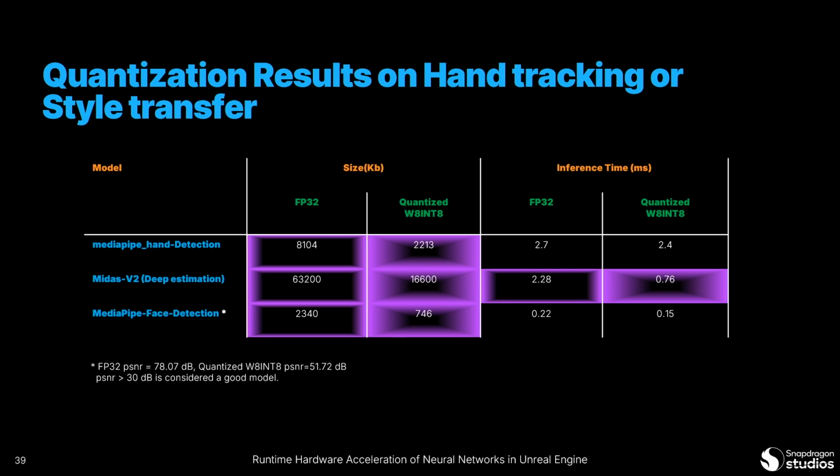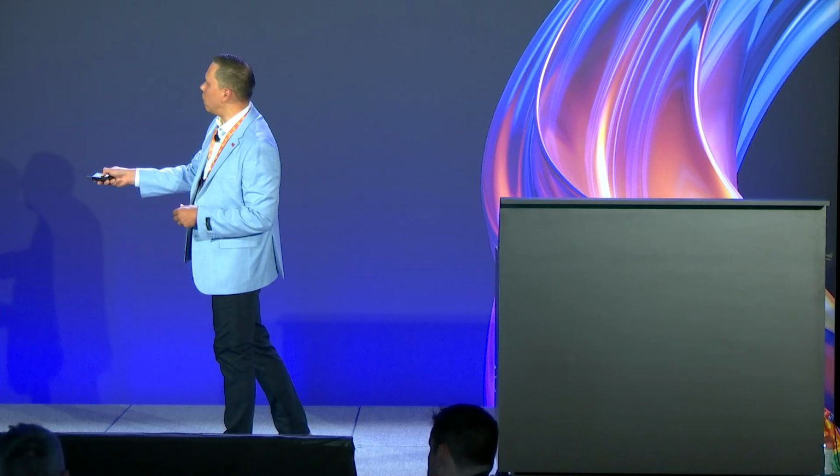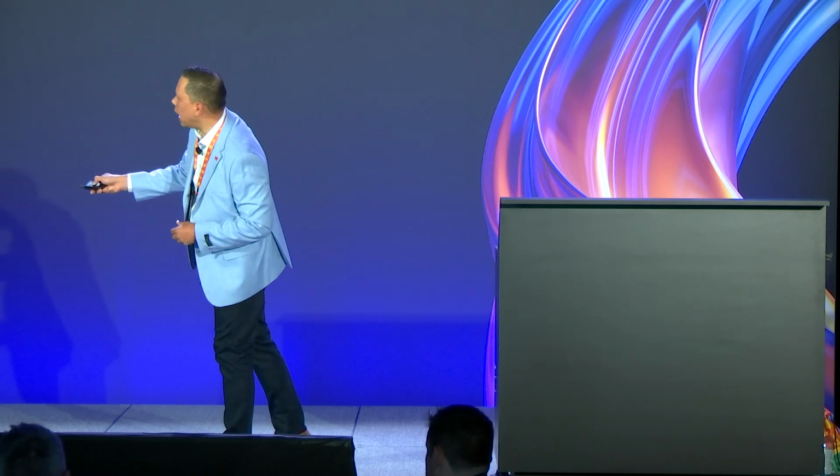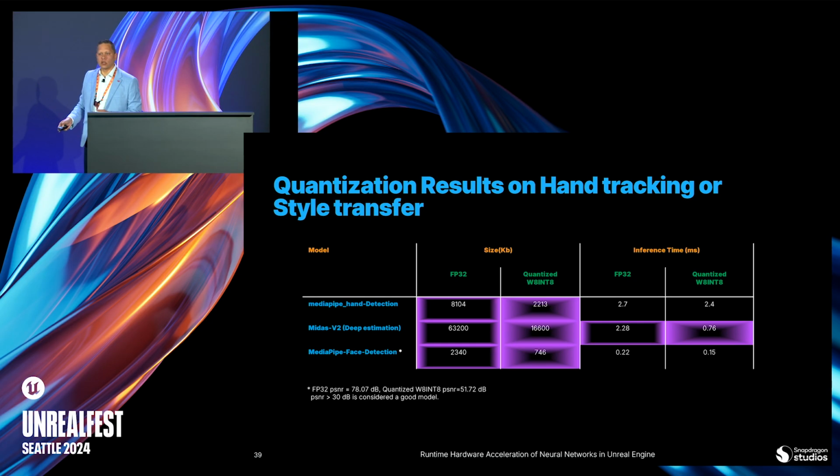See that the quantized and non-quantized versions are both very high, 78 here and 51. That means that the quantized model works fine with just a smaller size. So that's why it's important for you to quantize when you consider running on mobile devices. With this, I pretty much conclude my presentation.